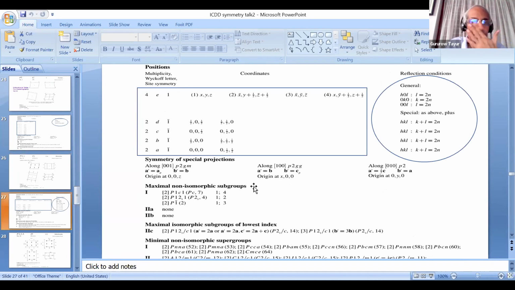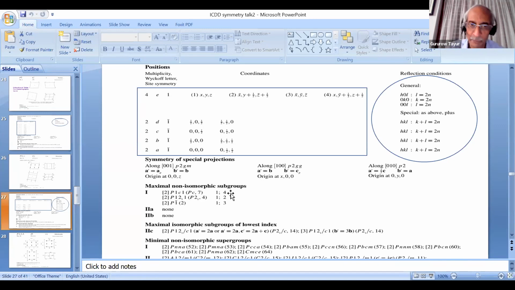Here, the first listed is P1c1, with index 2, P121, with index 2, and P-1, with index 2. What it means is that these subgroups are the possible suggestions for equivalences associated with the main crystal system.